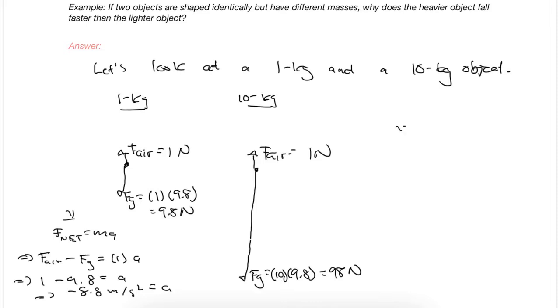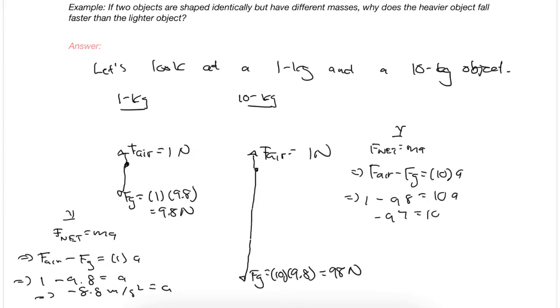But for the 10 kilogram object, if we do the same thing, what we realize is that 1 minus 98 equals 10a, and this says that negative 97 equals 10a, which is to say negative 9.7 meters per second squared is equal to the acceleration.